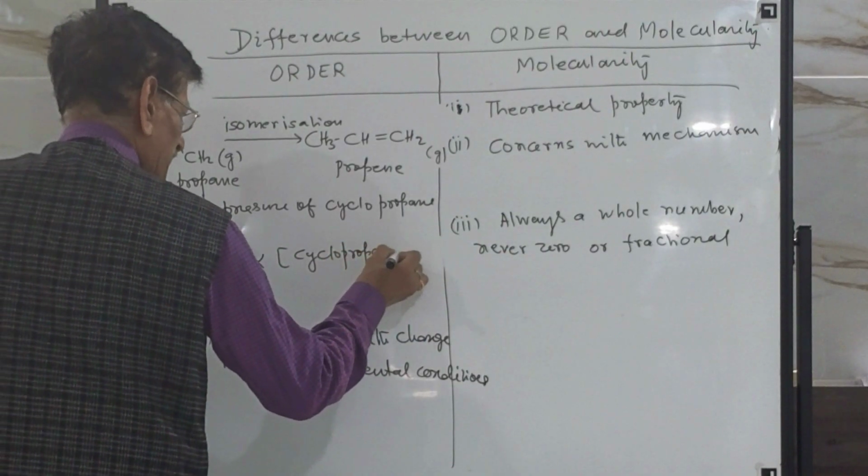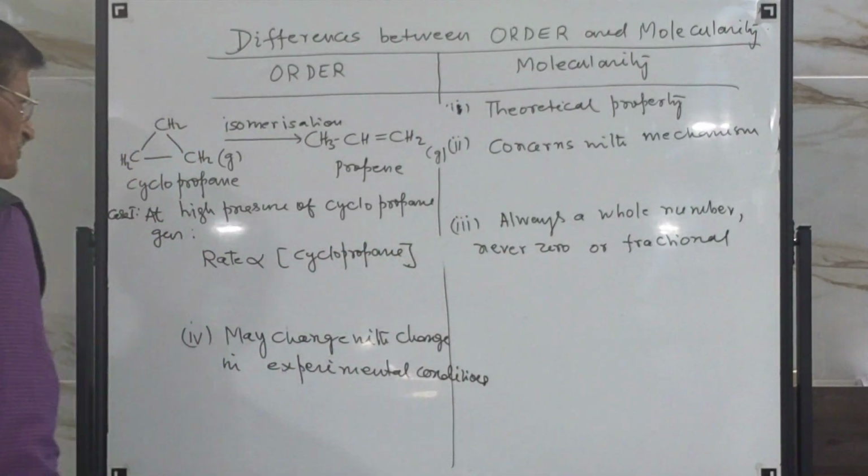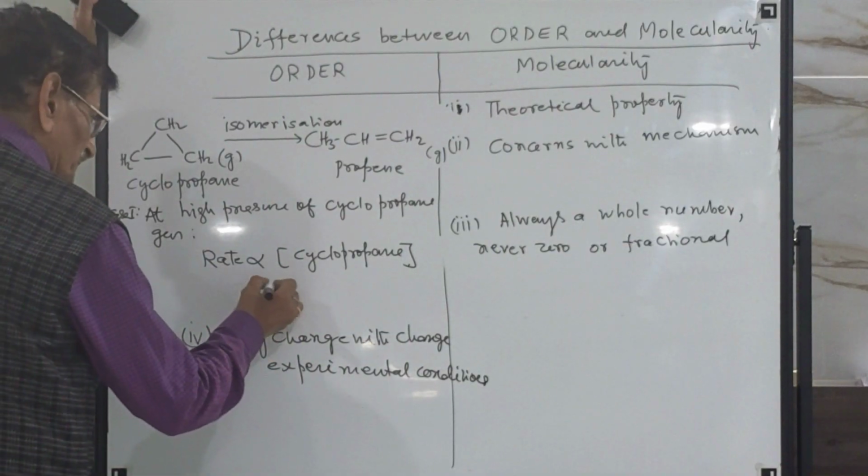That is, the power of cyclopropane concentration is 1. So the order is 1.